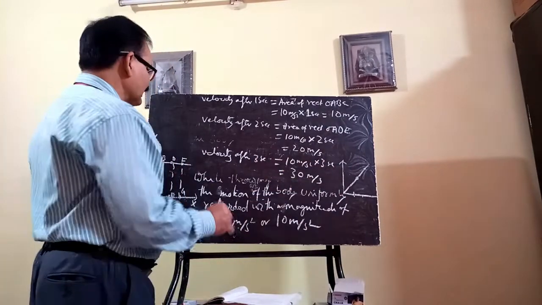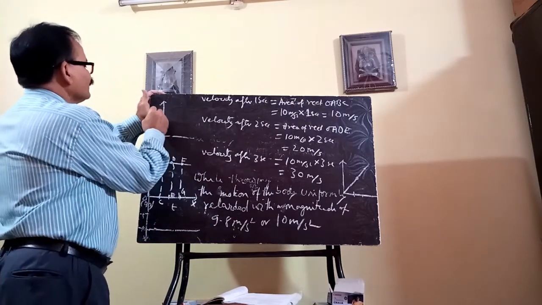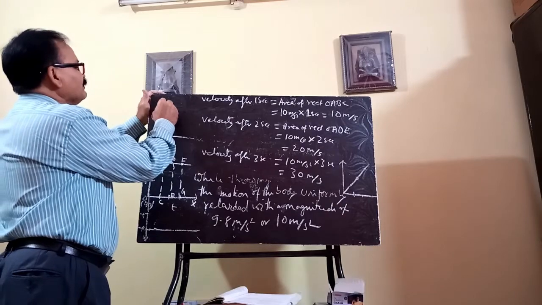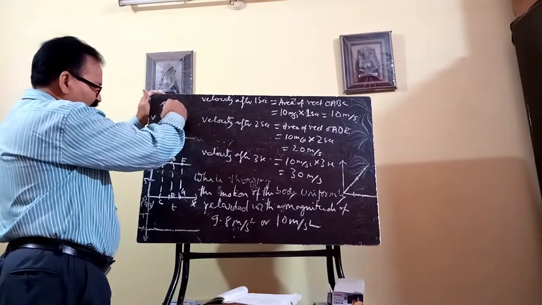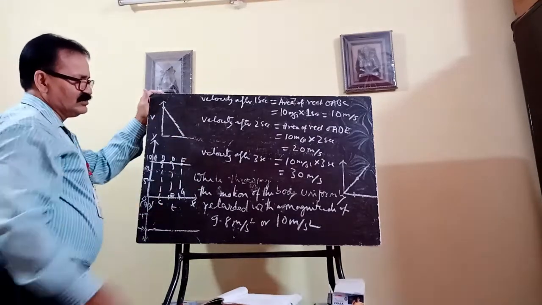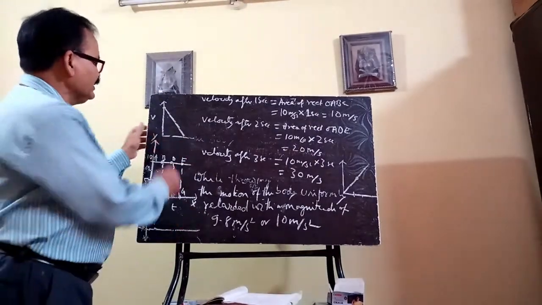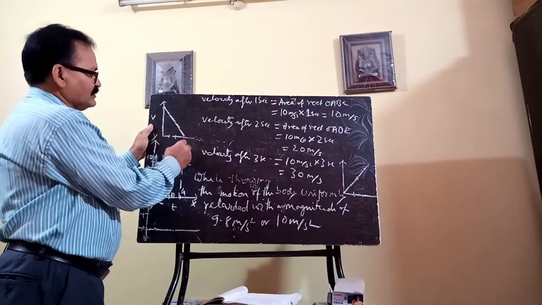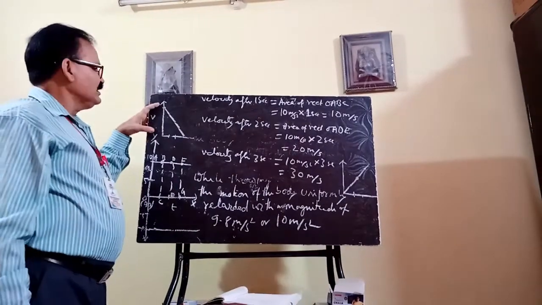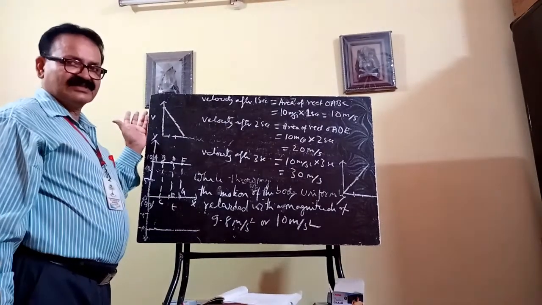And for retardation, in your velocity time graph, initially the body is having some velocity and then the velocity decreases in every consecutive second. So this is the decreasing trend of the velocity after every consecutive second. This will be the nature of your retarding velocity.